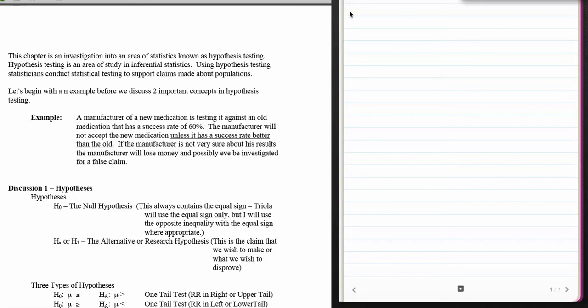What we have in hypothesis testing is an assumed set of information about what's going on. And then, in addition to the assumed information, we have a claim that is wanting to be made. So there's this assumed info about a population.